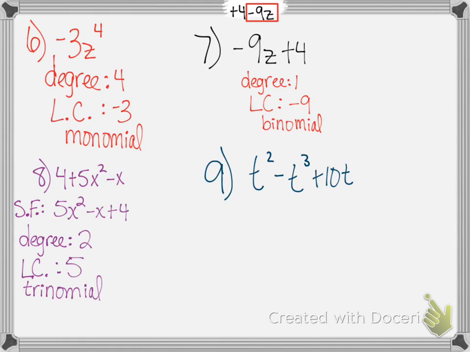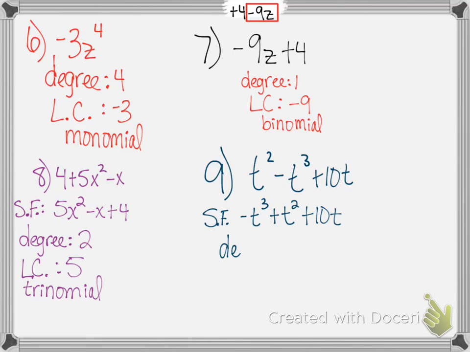Can anything be combined? No. So we just need to rearrange it. Which term needs to come first? Negative t cubed, then plus or minus? Plus t squared, then plus 10t. So biggest exponent, next biggest, smallest. This is considered our standard form.